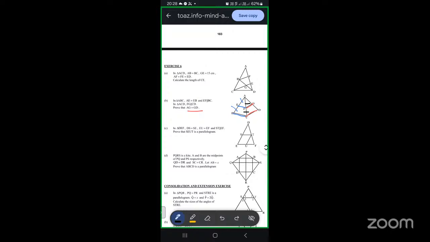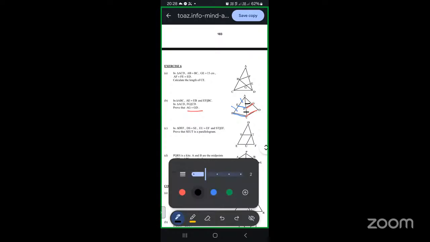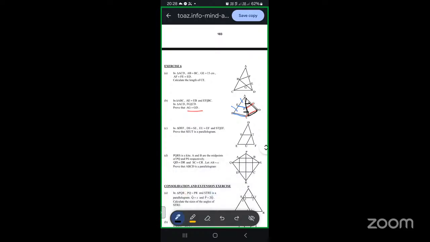Now let's come to this triangle ACD. Now we are sure and we know that AF is equal to FC. In this triangle ACD, by those red lines there, I was highlighting the information that FG is parallel to CD.